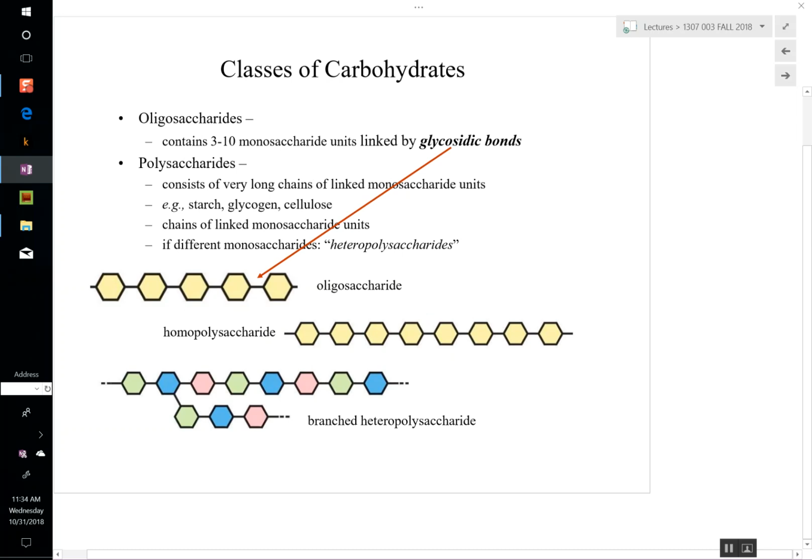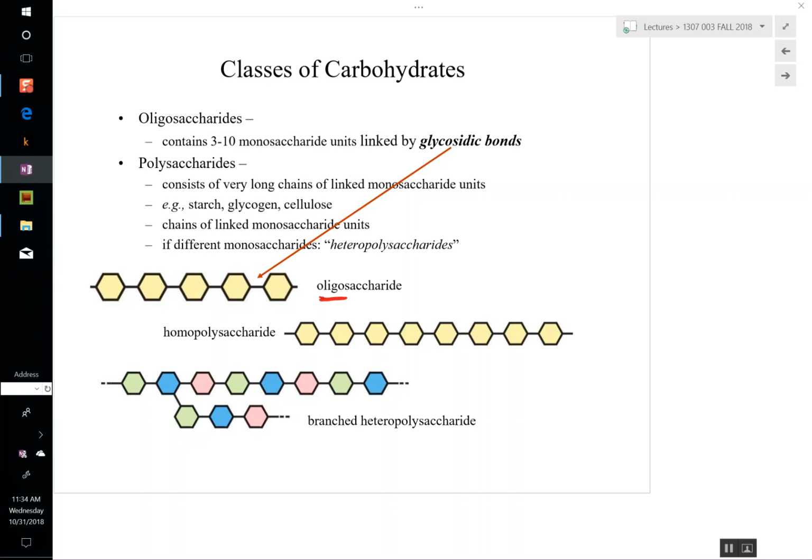Polysaccharides, many saccharides, 20, 50, 100, 1,000. You've got a polysaccharide, but in between the disaccharide and the polysaccharide, get familiar with this little prefix right here, oligo, an oligosaccharide. It's not a poly, it's not a di. 3 to 10 units.